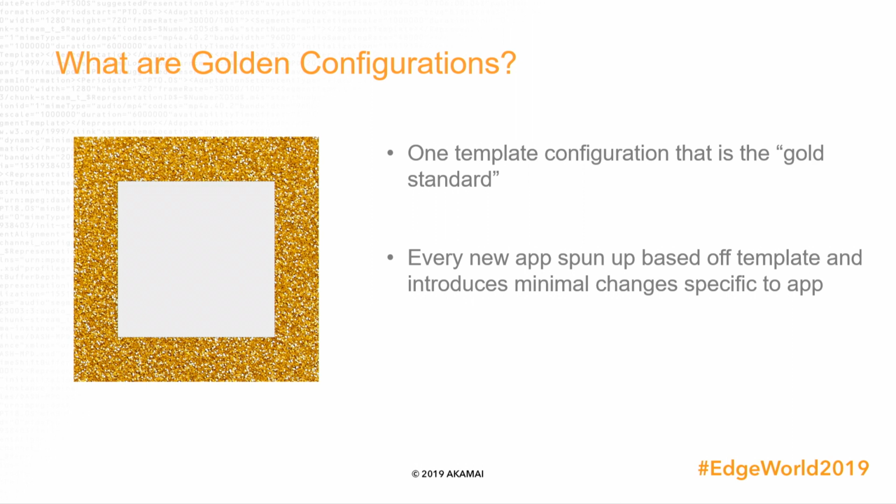The key thing that this enables is that the amount of changes you're introducing every time a new app comes on board is minimal. You have a standard config, everything's already defined, and then as an app owner, when I spin something up, I'm only making changes that are a lot more relevant to me.